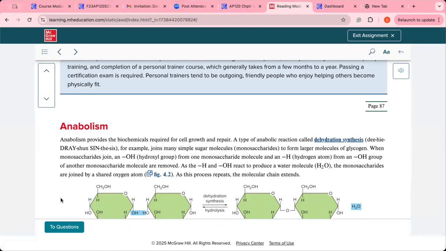So when monosaccharides join, a hydroxyl group, that's OH, from one monosaccharide molecule, and a hydrogen atom from a hydroxyl group of another molecule are removed.